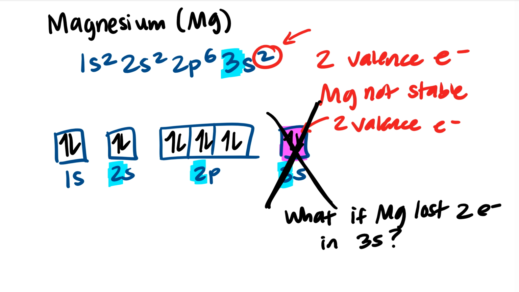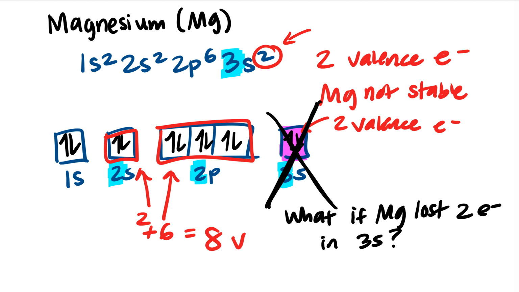The second energy level is the highest occupied energy level. And now count for me. Count how many valence electrons are in the second energy level. You got 2 in 2s. You got 6 in 2p. Add them together. You now have 8 valence electrons. Just by getting rid of those 2 valence electrons inside of 3s.